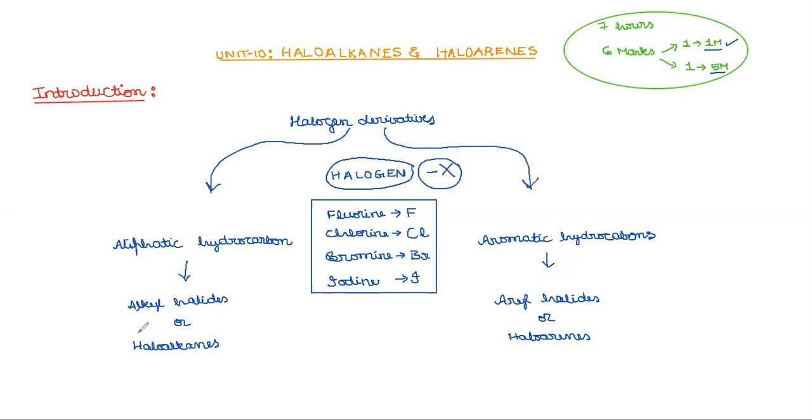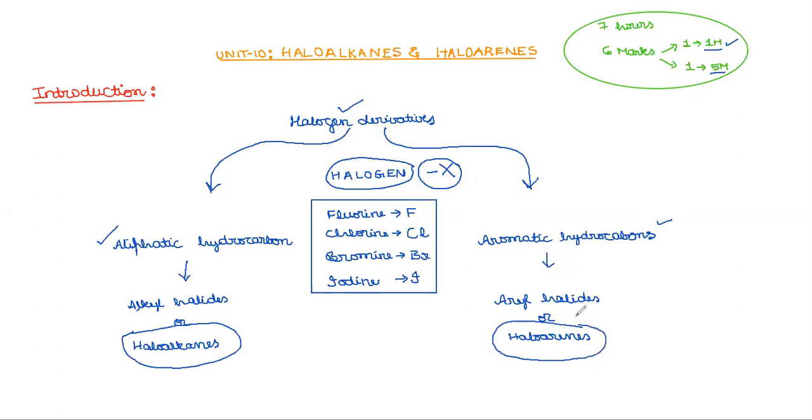If it is with respect to haloalkanes, the halogen derivatives of aliphatic hydrocarbons are called haloalkanes or alkyl halides. Similarly, halogen derivatives of aromatic hydrocarbons are called haloarenes or aryl halides.